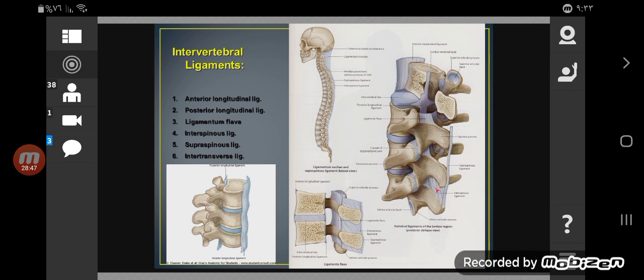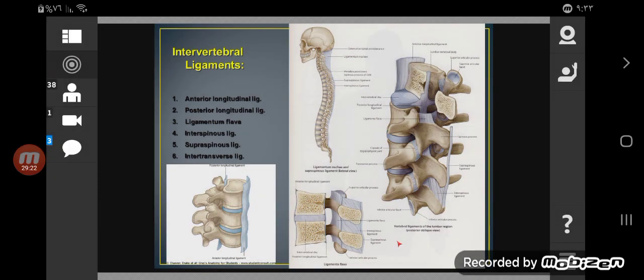Okay. And the interspinous ligament, its fibers go from the inferior border of the spinous process of the above vertebra to the superior border of the lower vertebra. And you can see the capsule of the zygapophysial joint, as I told you before in the last slide.